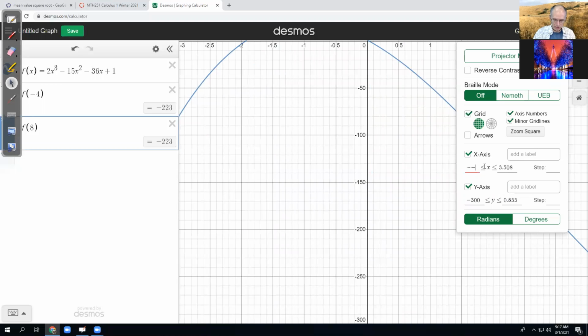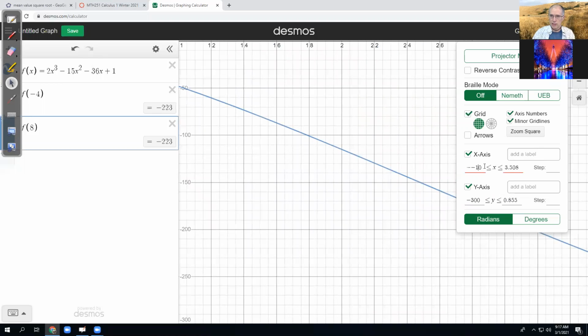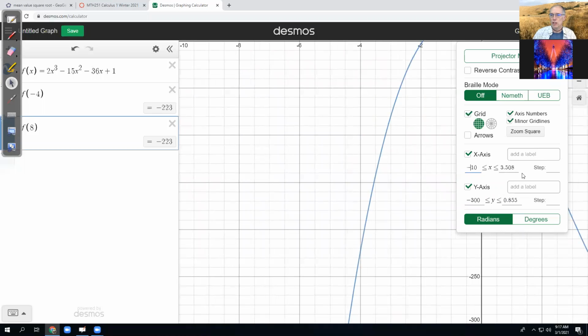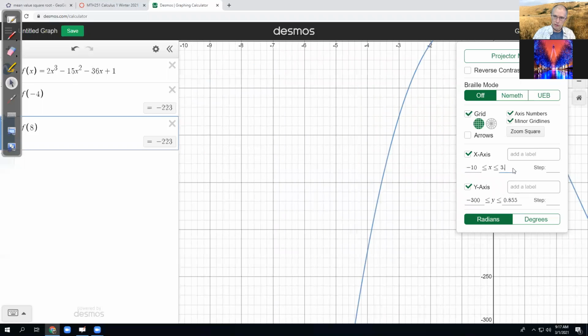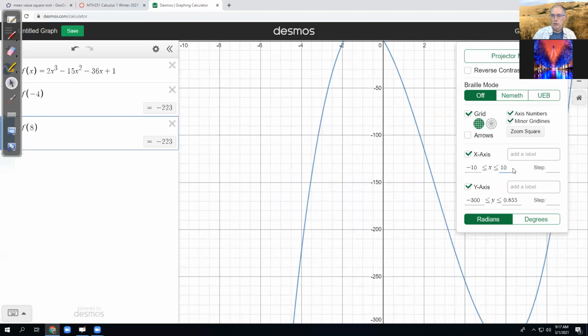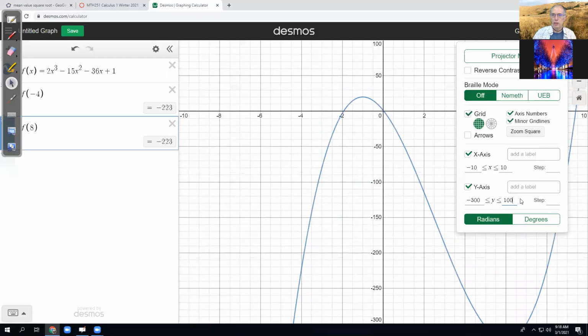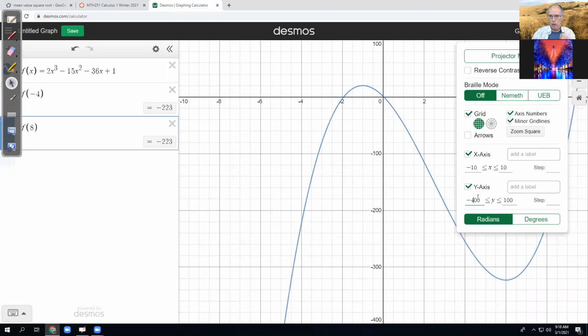Let's go like negative 10, and 10. Okay, a little better. And then we could go up a little higher, maybe we'll try 100. It looks like we could go down lower still, so maybe we'll go negative 400. All right, that looks like a cute graph there.